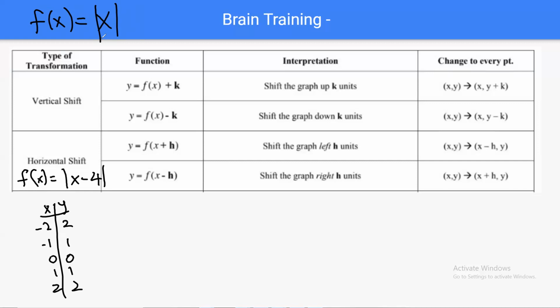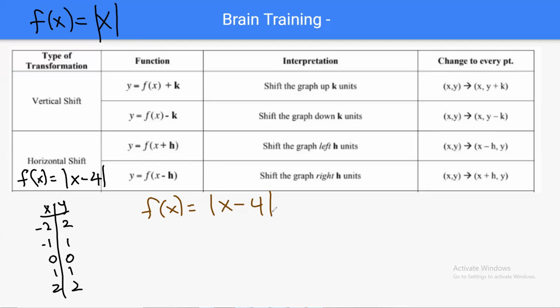Now, if this was my transformed graph, I know it's a horizontal shift. And we just understood that horizontally means x values are changing, correct?